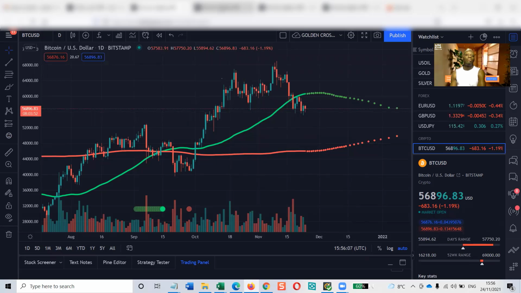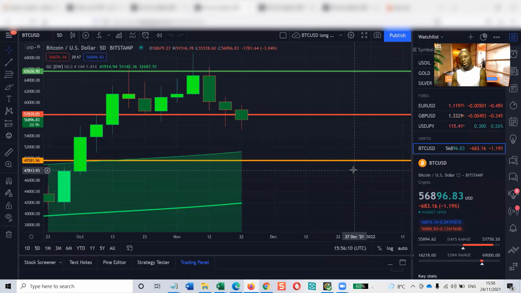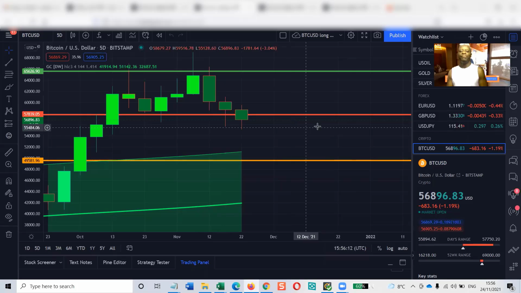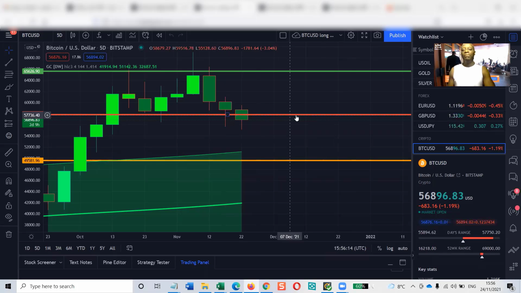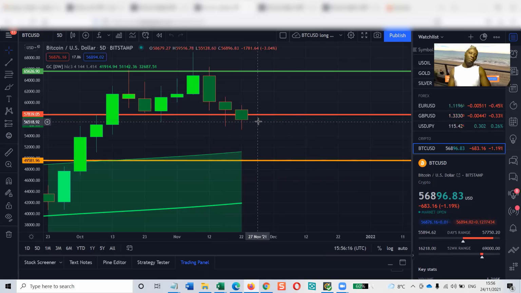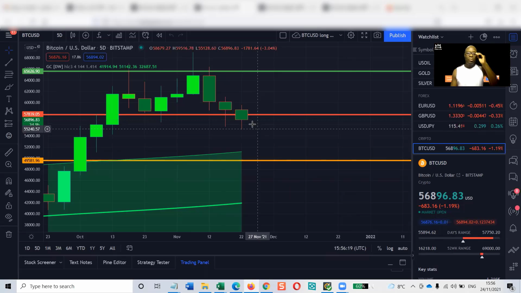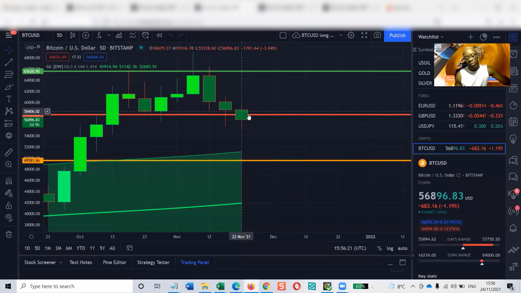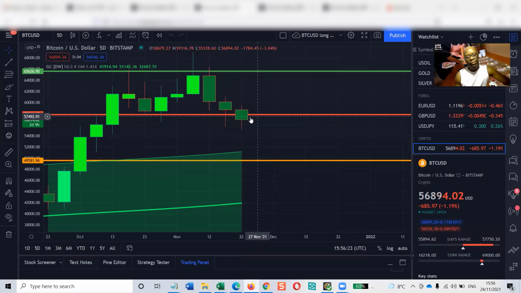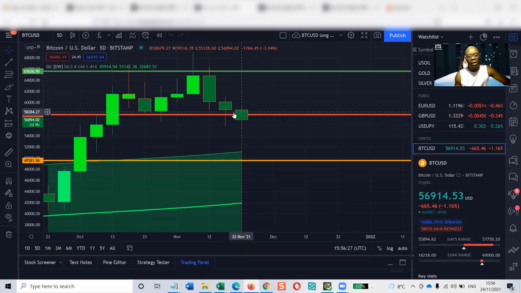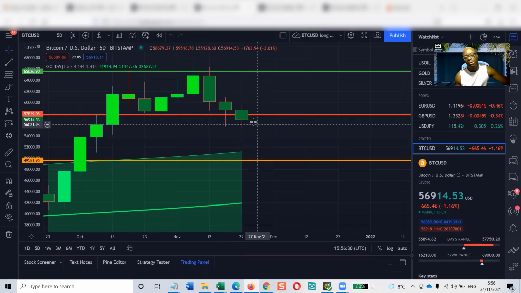On the Gaussian channel, like I mentioned, this particular line is falling slightly below this line, and so it has breached the line, shall we say, halfway. We still have 2 days and 9 hours for this candle to complete, and then we'll see where the next candle goes.